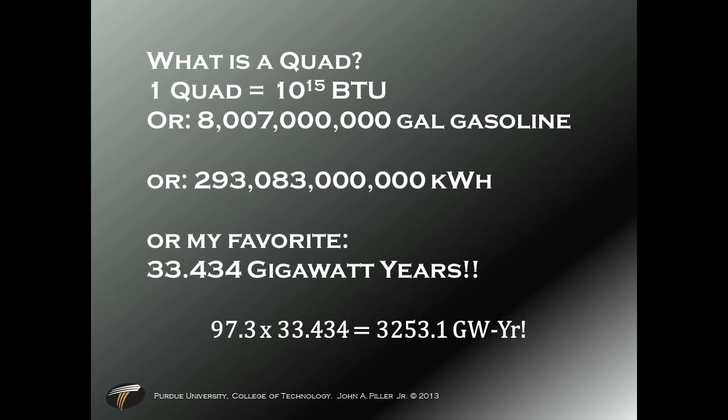That translates out to 8 billion, 7 million gallons of gasoline, 293 billion, 83 million kilowatt hours, or here's my favorite, 33.434 gigawatt years. 97.3 quad times 33.434 is equal to 3,253.1 gigawatt years that the United States used of energy in 2011.